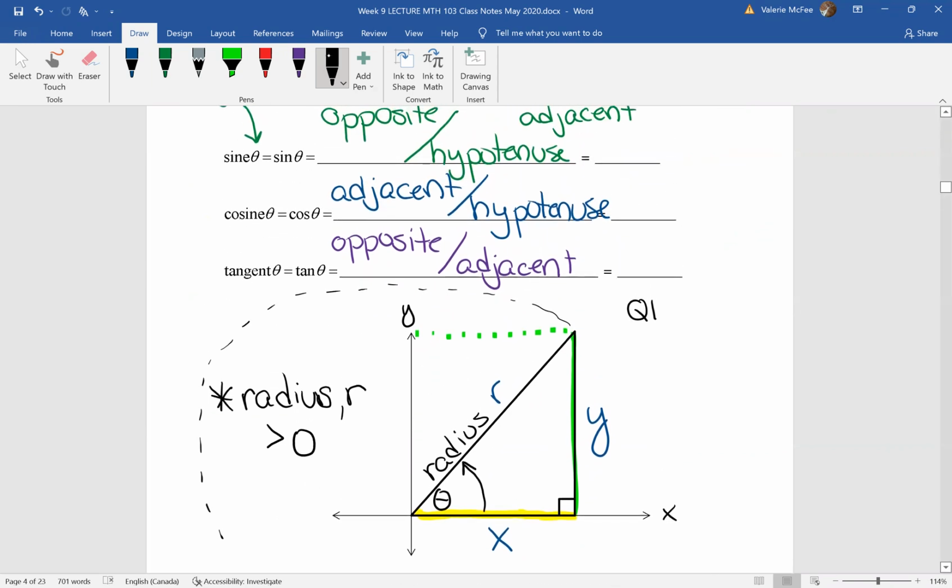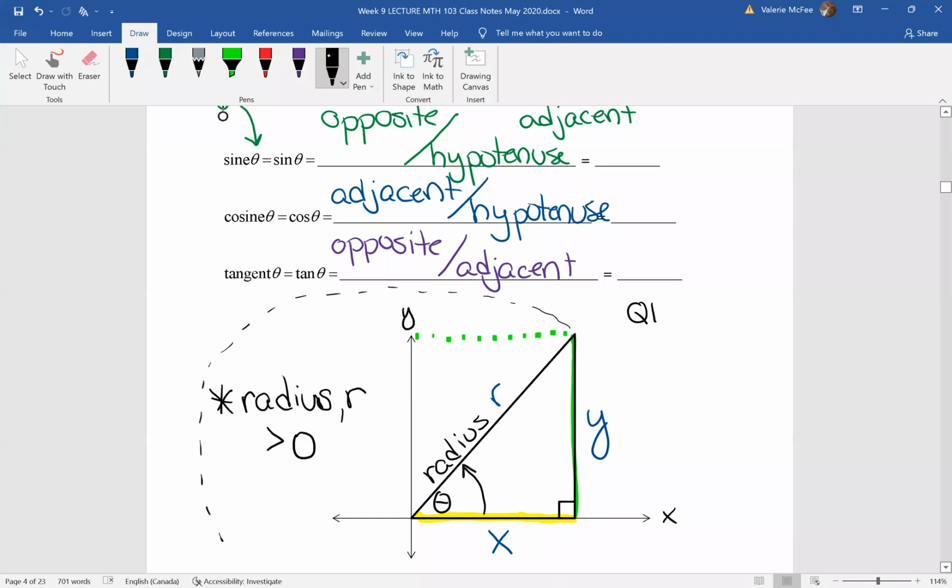But this allows me to rename the ratios a little bit. Now for sine, the opposite side has become y, and the hypotenuse is r. For cosine, the adjacent side is x, and the hypotenuse is r.